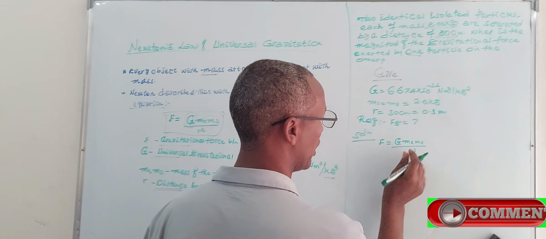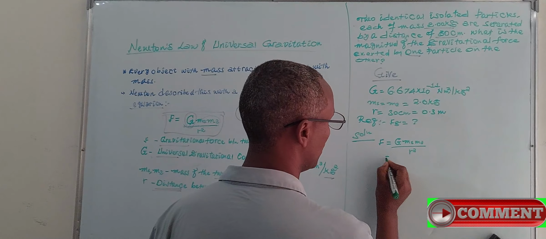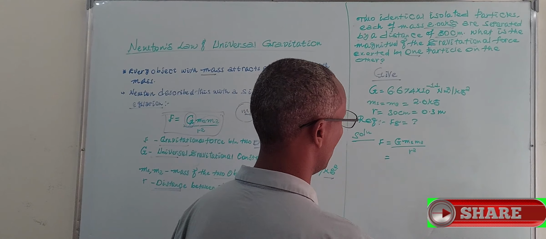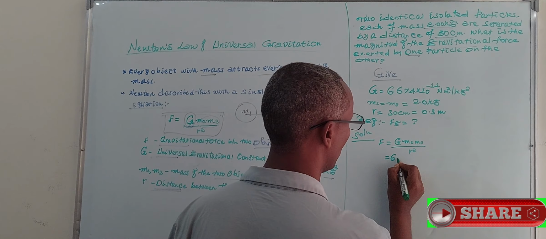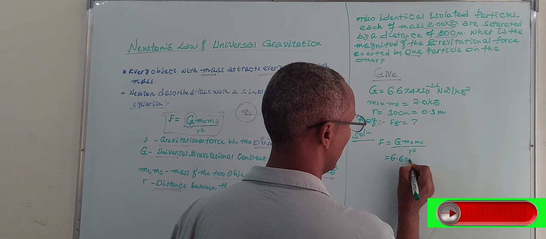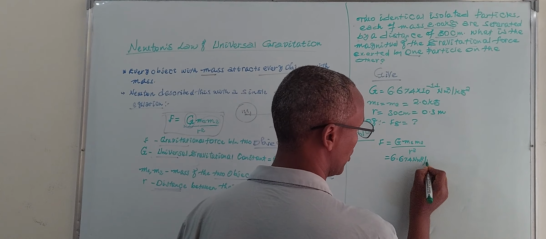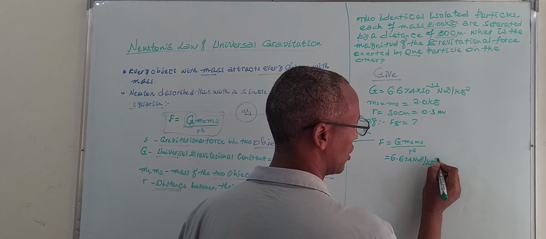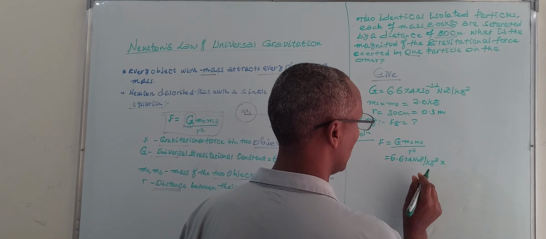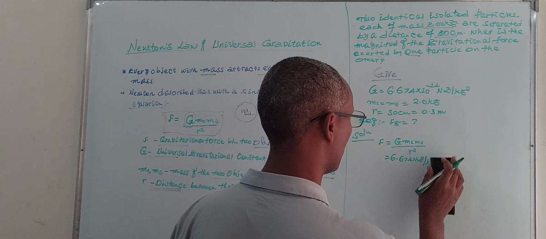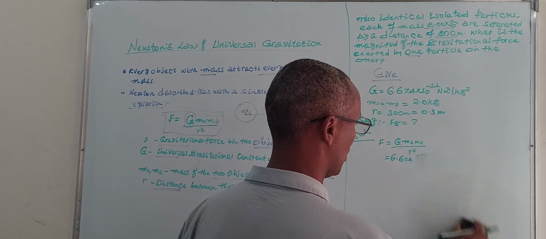Now you can plug in these terms over here. G is 6.674 Newton meter square per kilogram square, multiplied by 10 raised to negative 11. I'm sorry about that, guys.